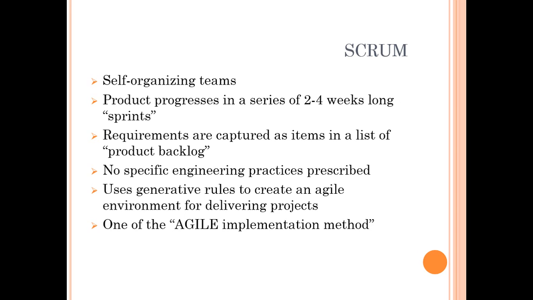Product progresses in a series of 2 to 4 weeks long sprints. Scrum is implemented in small chunks of cycles, that is sprints, and it can range from 1 to 4 weeks, but 2 weeks is the most widely used timeline for a sprint.